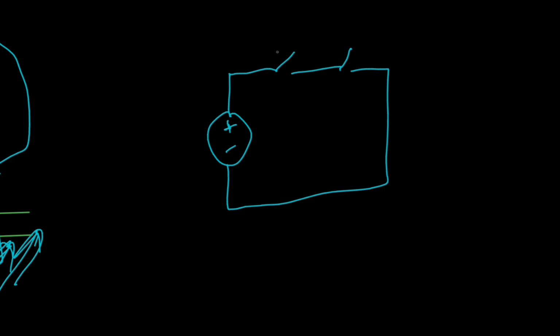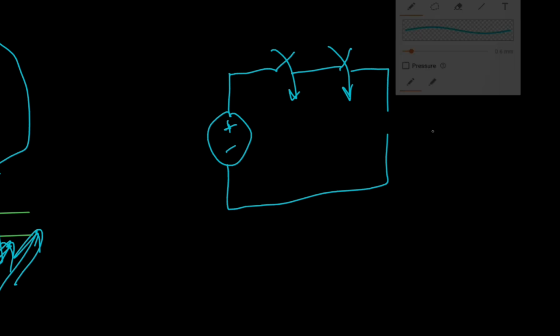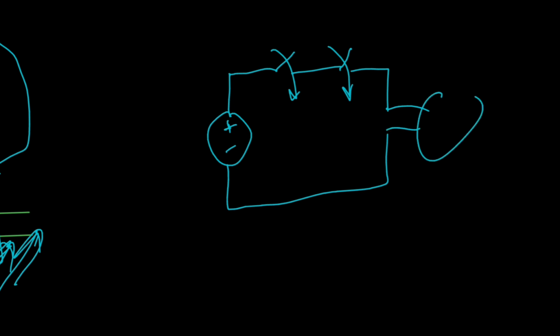Obviously, we would have switch number 1 and 2. Let me show it like this so you could know it's a switch that we could close or not. And I also want to show something here as a light bulb or a lamp, maybe something like this.